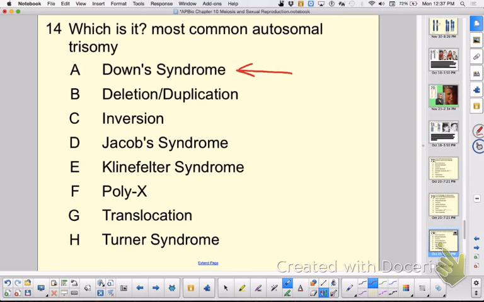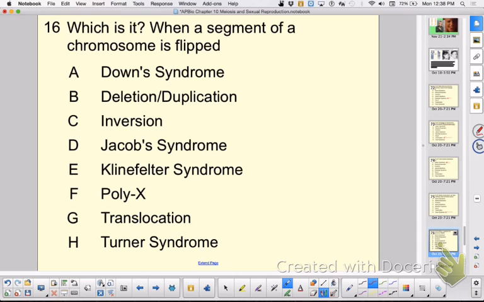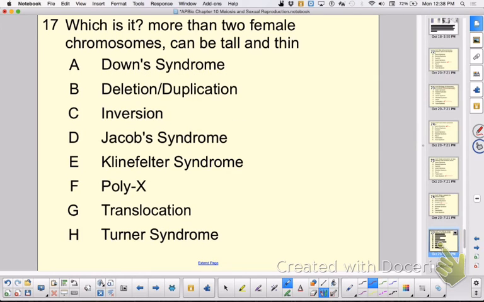A, Down syndrome. I was pointing to the board. Turner's. It's Turner's syndrome. Inversion. Good job. It's an inversion because it's flipped.